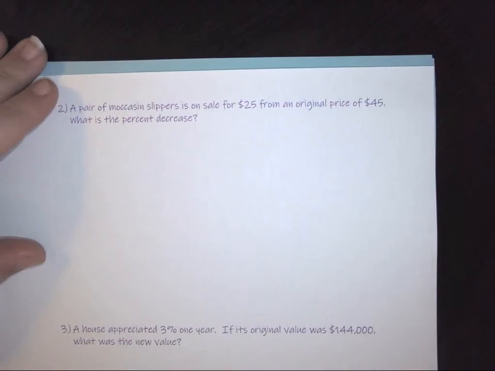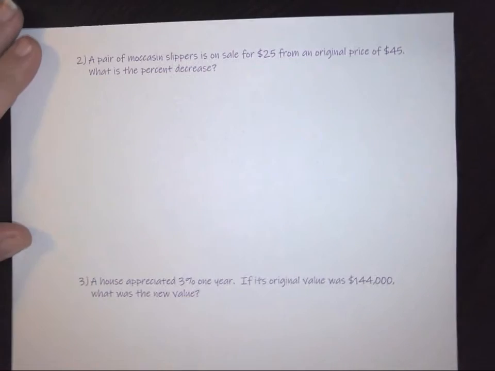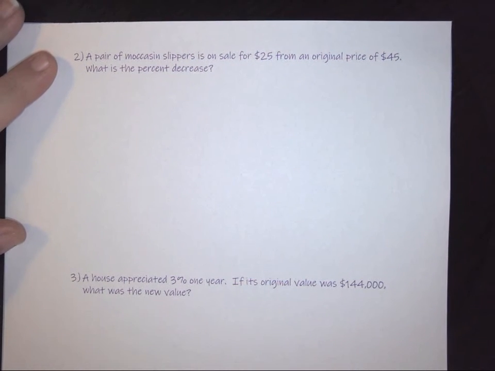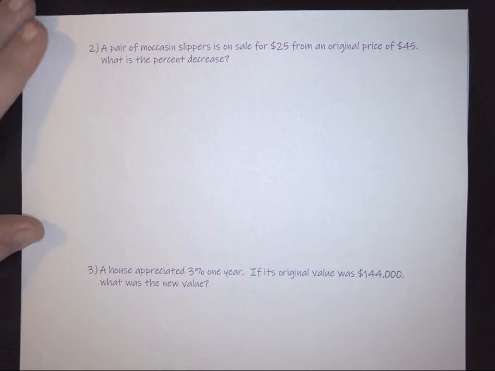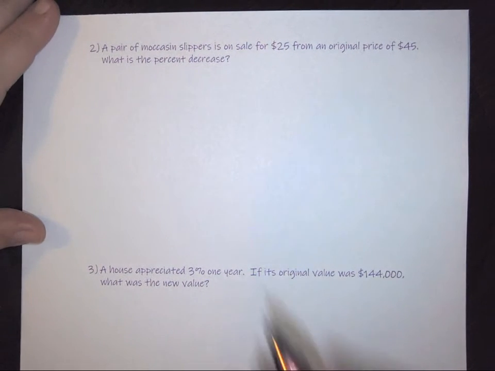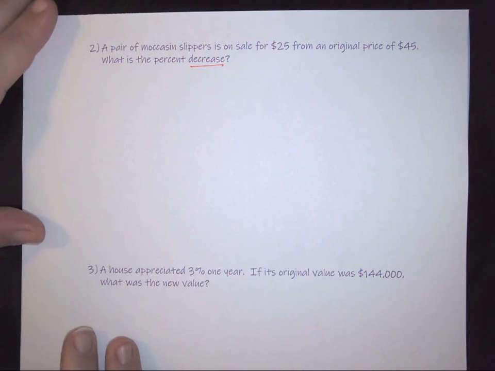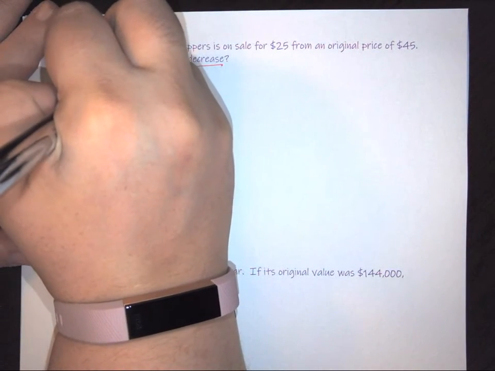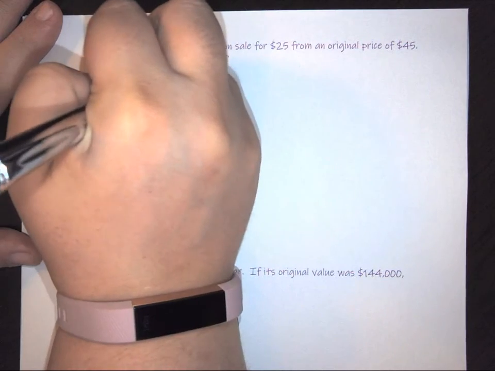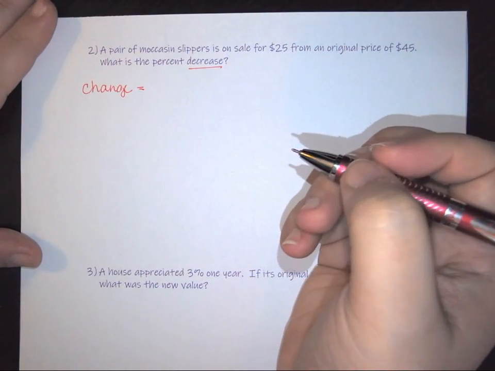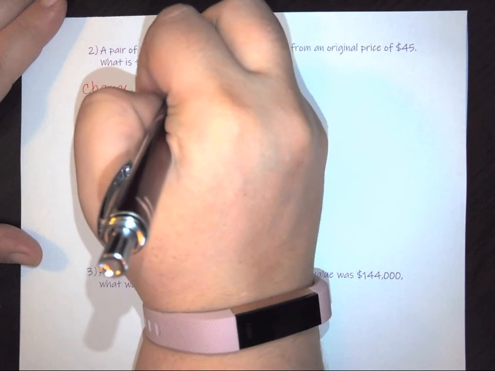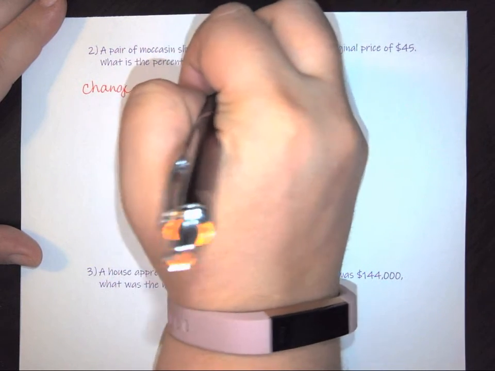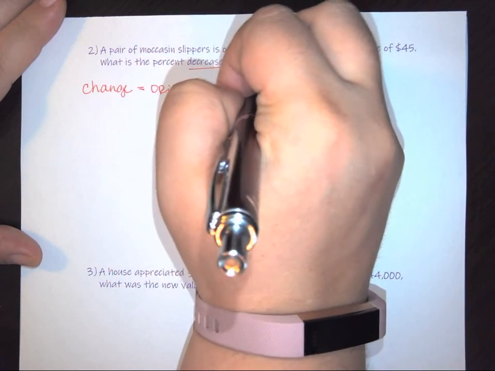Alright, let's look at another one. So here I have a pair of moccasin slippers on sale for $25 from an original price of $45. What is the percent decrease? So here, in order to first find your change, we have to go your original minus your sale price.